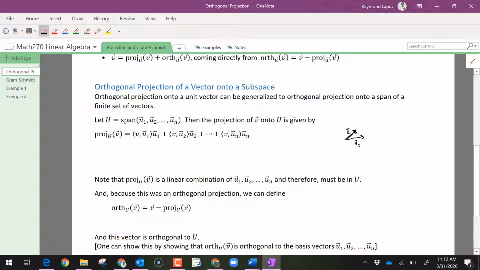Because there's only two vectors here, and assuming they're linearly independent, we can say that they span a plane. Now, let's say there's another vector v that's not on the plane.